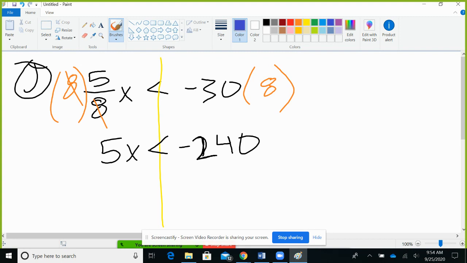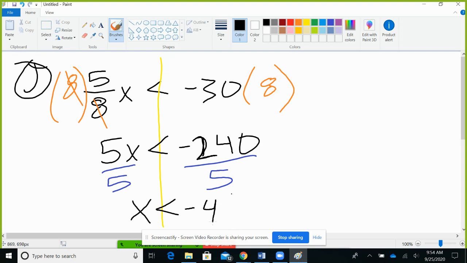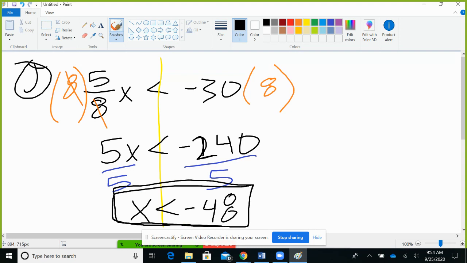Divide both sides by 5. You're right. Do I flip the sign? Perfect. I don't flip the sign. So negative 240 divided by 5 is negative 48. x is less than negative 48.